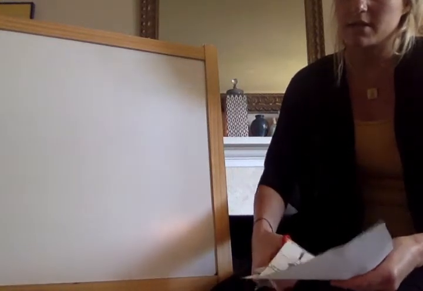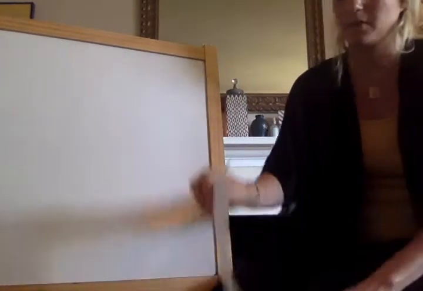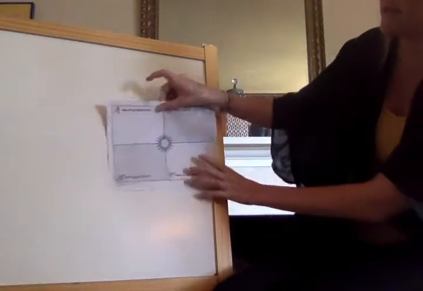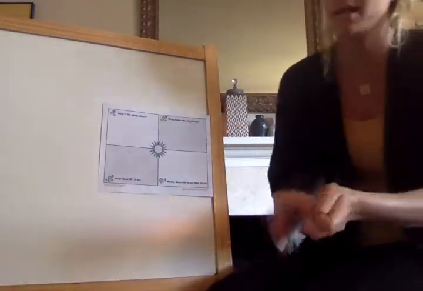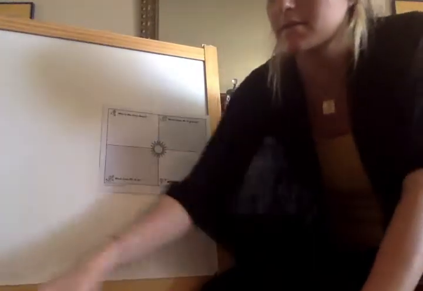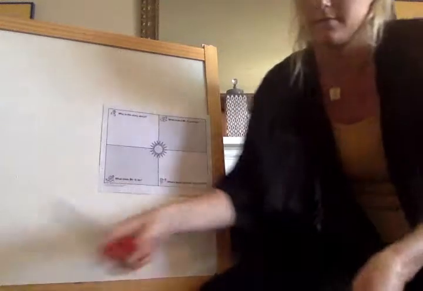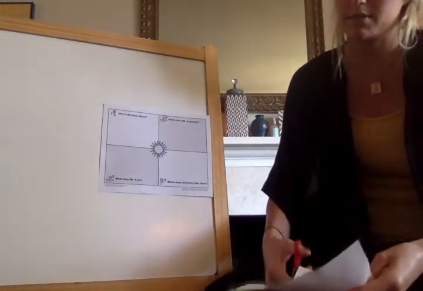You're also going to need a glue stick. We are going to read the book together, and we are going to do the cut and paste. So let me just cut out my boxes and we can begin. Please prepare your materials.